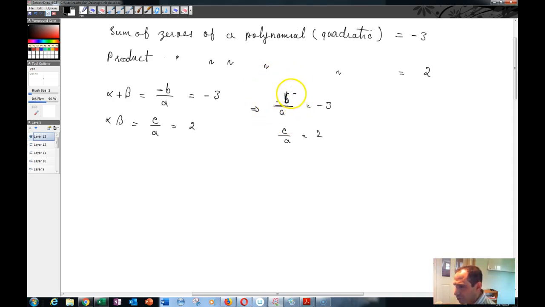So what you can do, let me see, think about this. Okay, so basically what we have here is that the sum of the zeros of a polynomial is -3, and the product is 2, right?